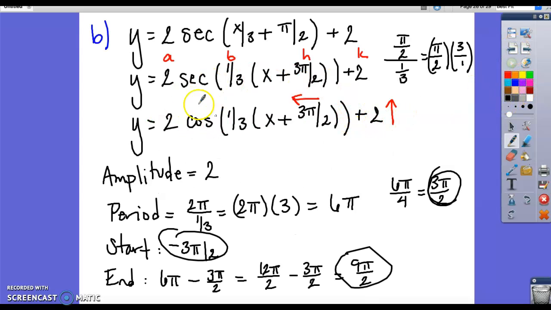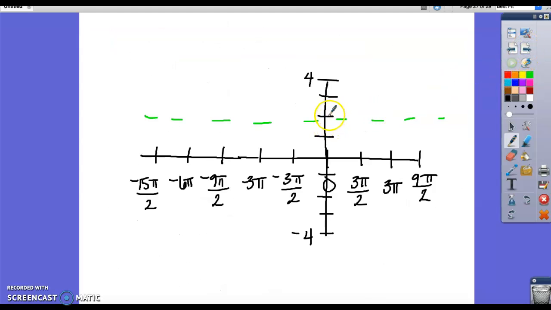So I'm going to start by graphing this cosine function. With cosine, I start at my max. My max is 2 units above the midline, and I'm starting at my phase shift, which is negative 3 pi over 2.